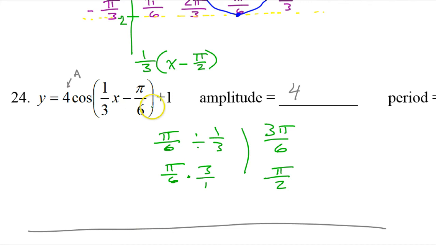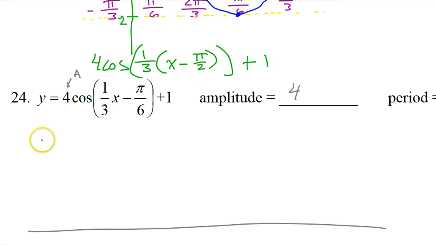Now let's talk about the period. The period is going to be affected by this b value. We know that the period will be the normal period divided by the b value.